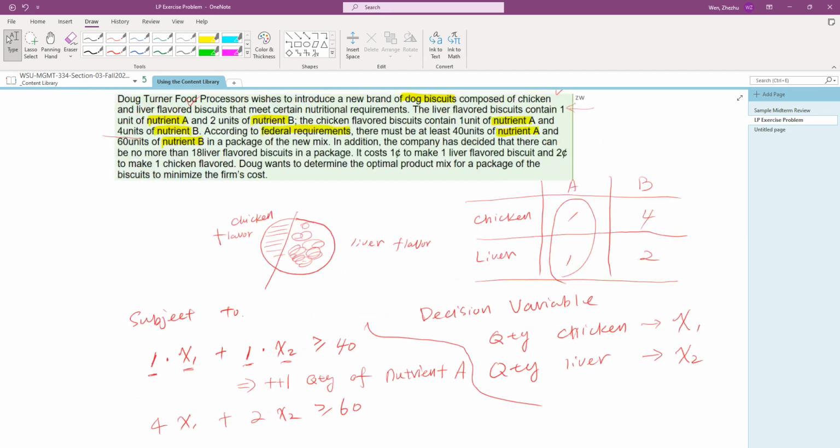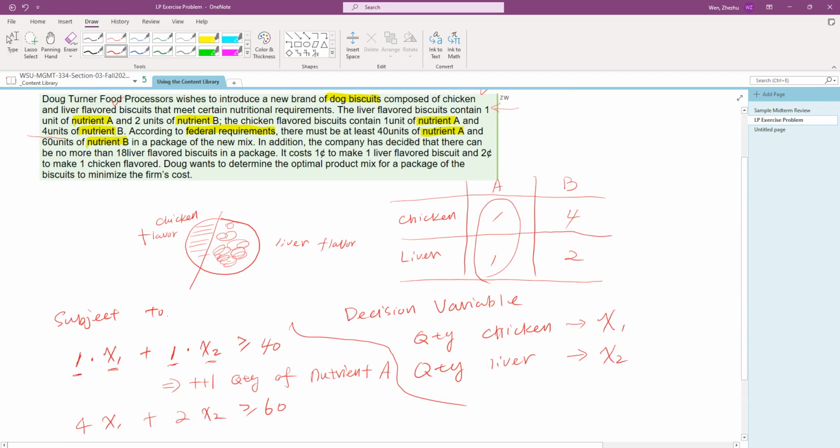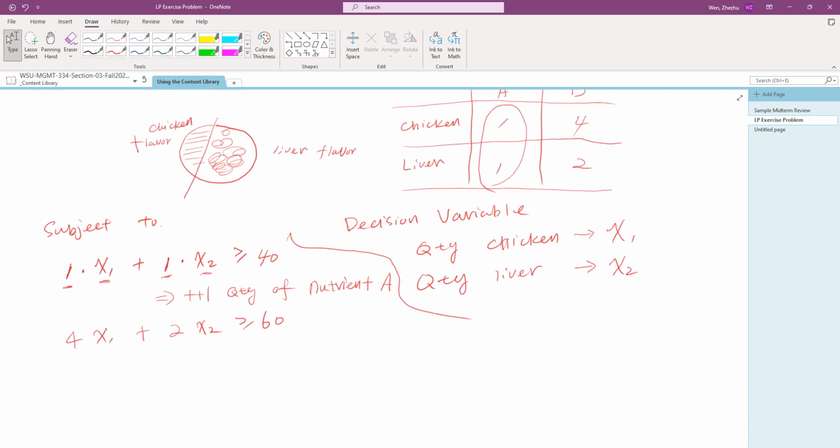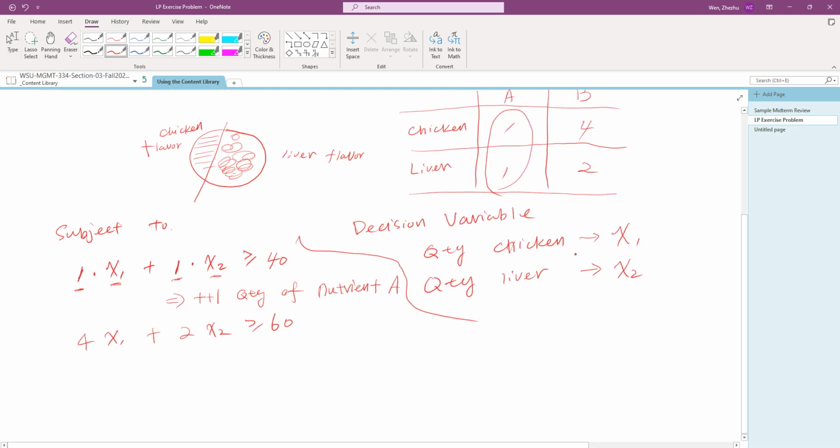And what else do we need to know here? The company has decided that there can be no more than 18 liver flavored biscuits in a package. So we can convert it. I think x2 is our liver flavored, right?